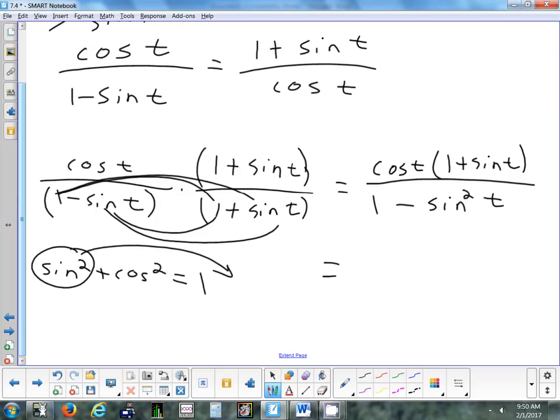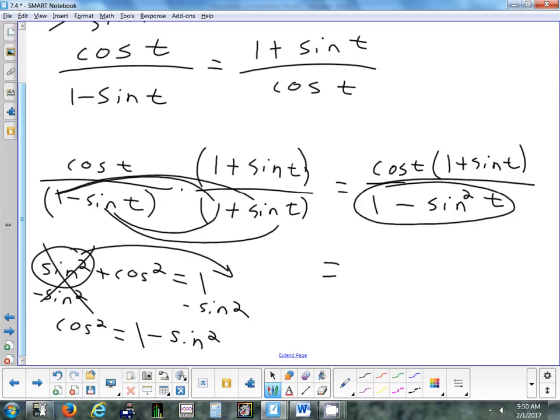It's the same identity, just moving something around. How would you move that to the other side? You'd subtract it. So I get cosine squared equals 1 minus sine squared. So this, 1 minus sine squared, is just cosine squared. So that whole bottom turns into just cosine squared.